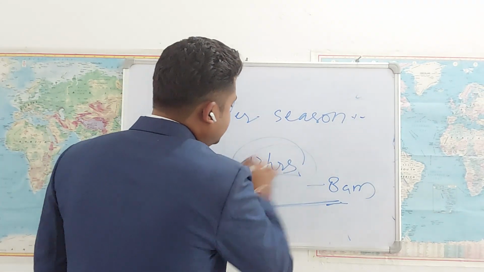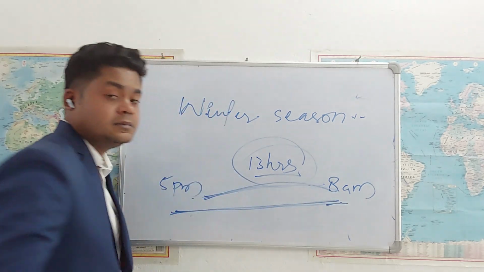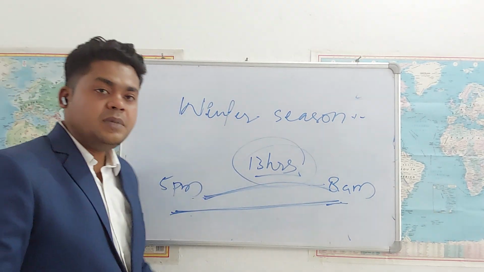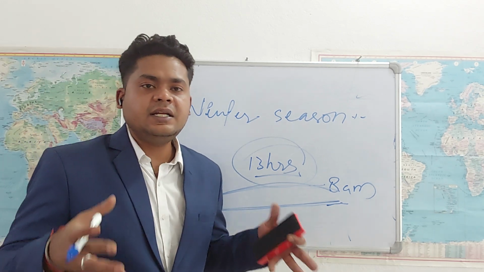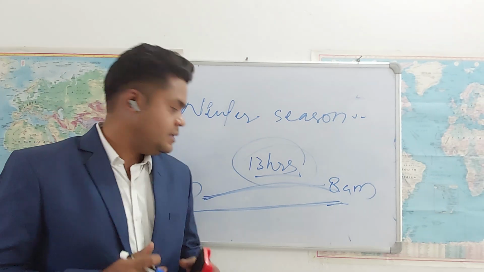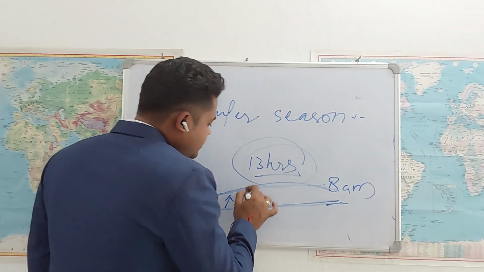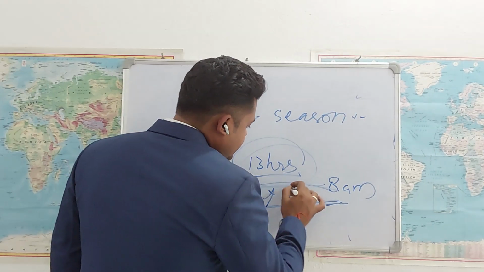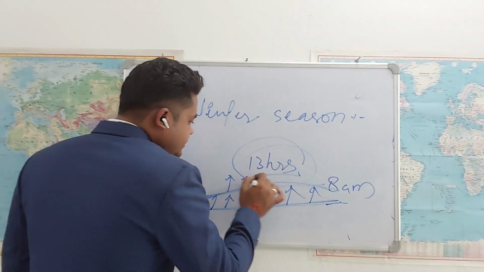So 13 hours it took to rise the sun. It means the nights were longer and it gave much time to the surface to cool down, so it will lose its temperature during the long night.